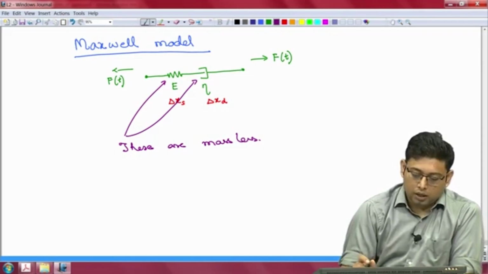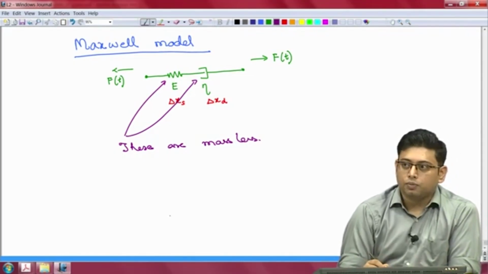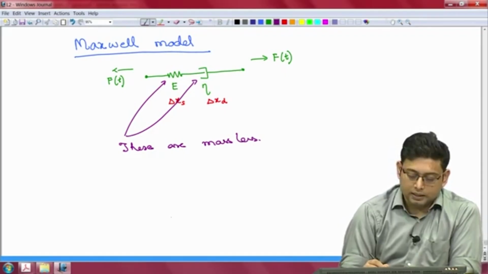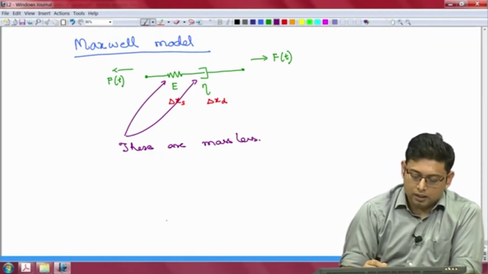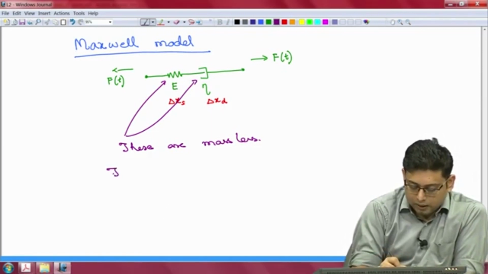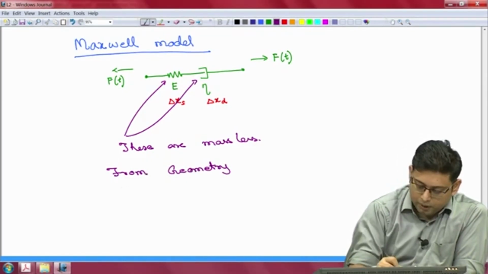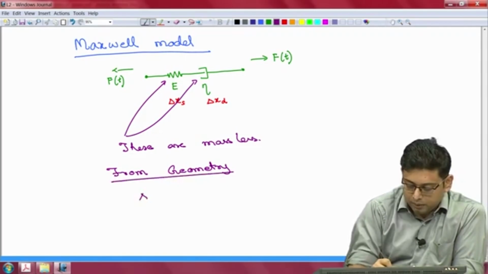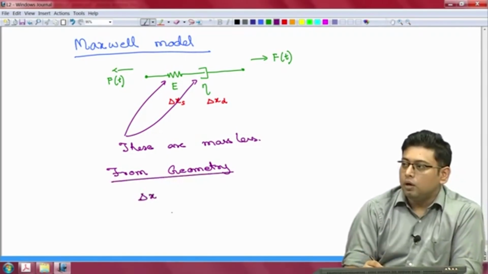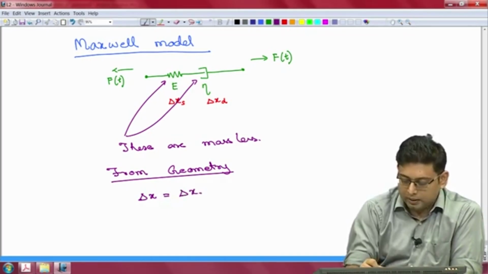Okay. So, now if that is the case, then what we want to do is we want to apply force balance, and we want to see where that leads us to. But before we do that, let us quickly write that from geometry of the current system, the total displacement in the body is equal to delta x s plus delta x d.